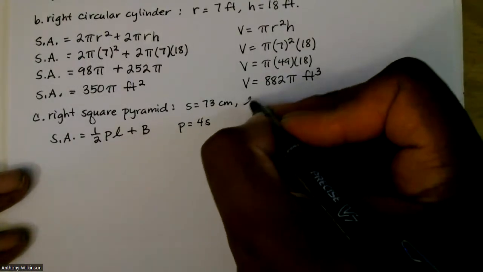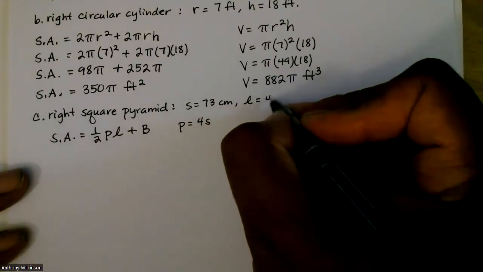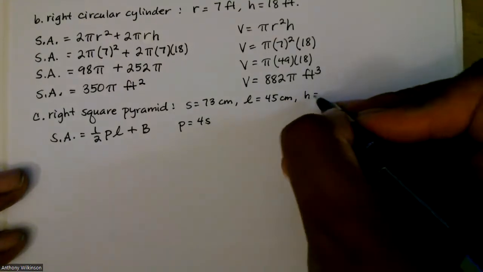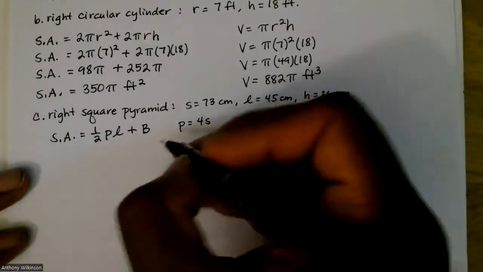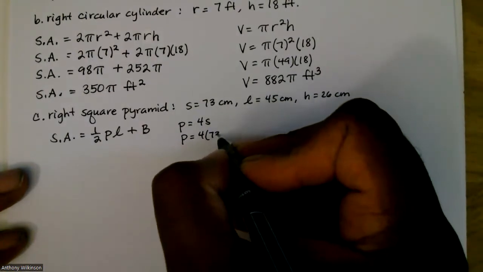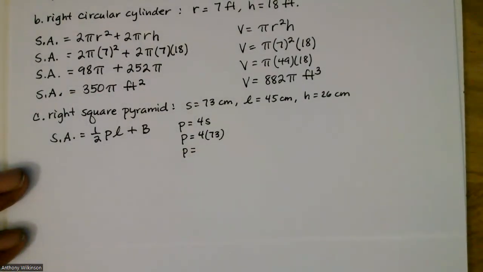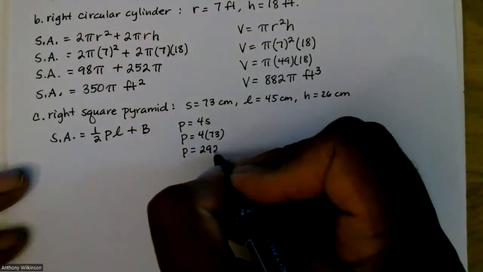And of course, let me go ahead and say the slant height, which is the L, that's going to be 45 centimeters. And you're told that the height is 26 centimeters. Now back to your perimeter, which is 4 times S. If I multiply 4 times 73, that will give me 292. So the perimeter there is 292.